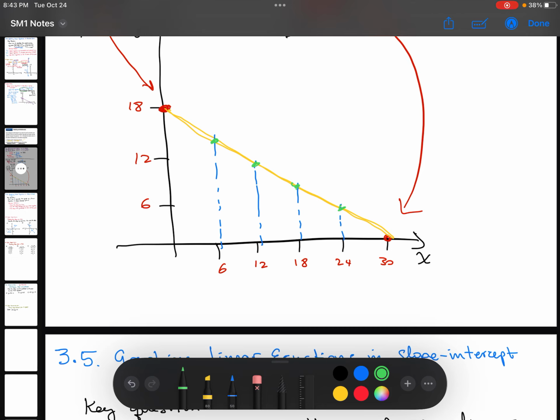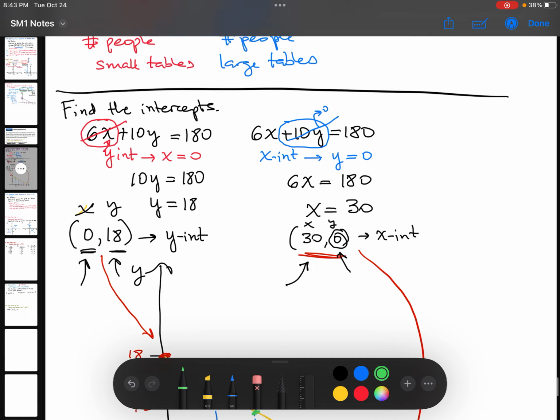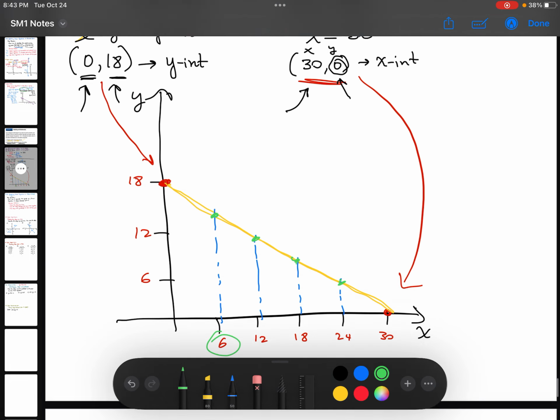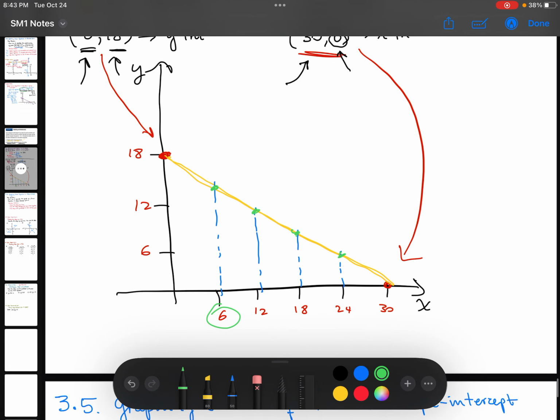I'm going to teach you how to use Desmos to solve this kind of problem as well. When there are 6 small tables, it means x equals 6. Let's do x equals 12. Let's do x equals 18. You can use different combinations as you wish, because you just need to analyze the line.